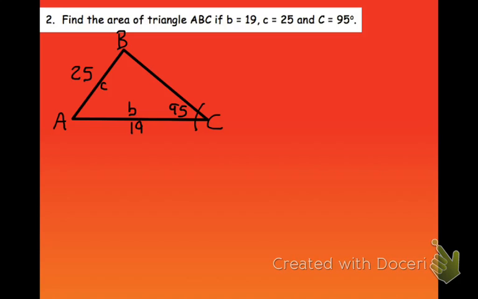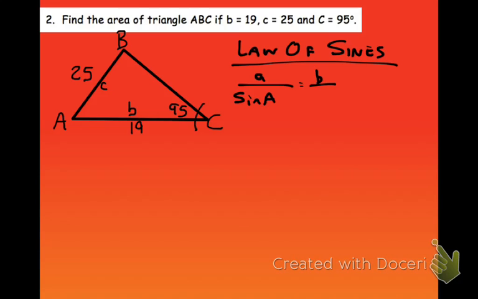Now, right away, you need to be careful because they have given you B, C, and C. So you cannot use law of cosines because they've given you an angle side pair here. And if you have an angle side pair, that immediately means that you're going with the law of sines, which says a over sine A, b over sine B, c over sine C. So we'll plug in what we know.